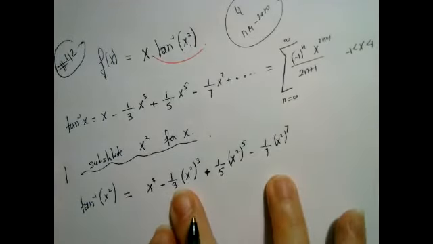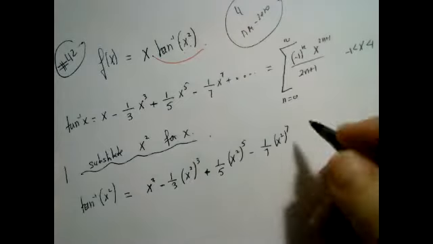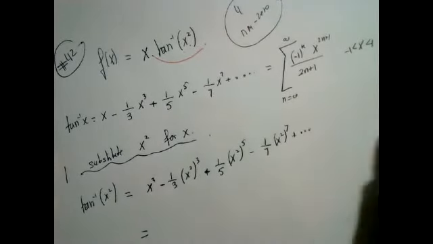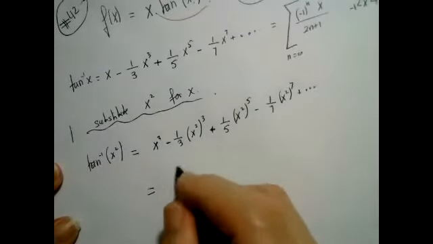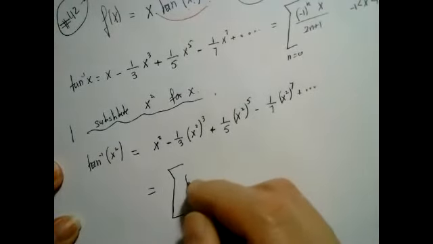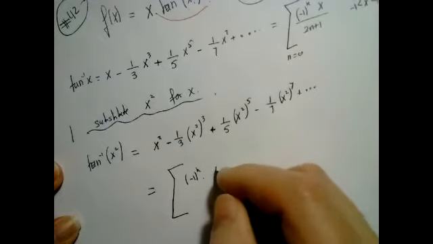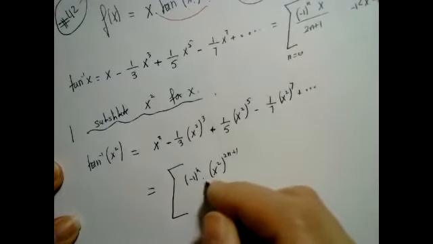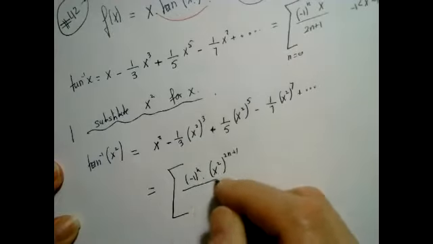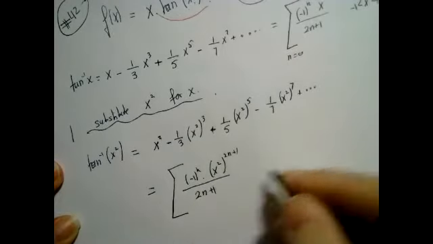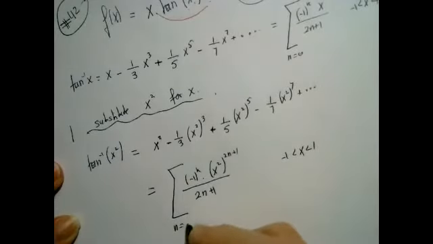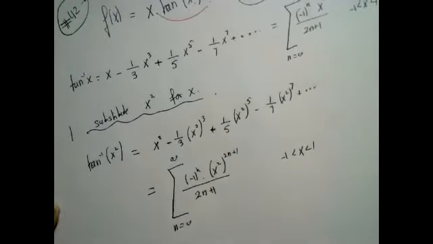I kept the first 4 terms because they want the first 4 terms, plus etc. So in sigma notation, the sum of minus 1 to the n, x squared to the power 2n plus 1 over 2n plus 1. And here n goes from 0 to infinity.